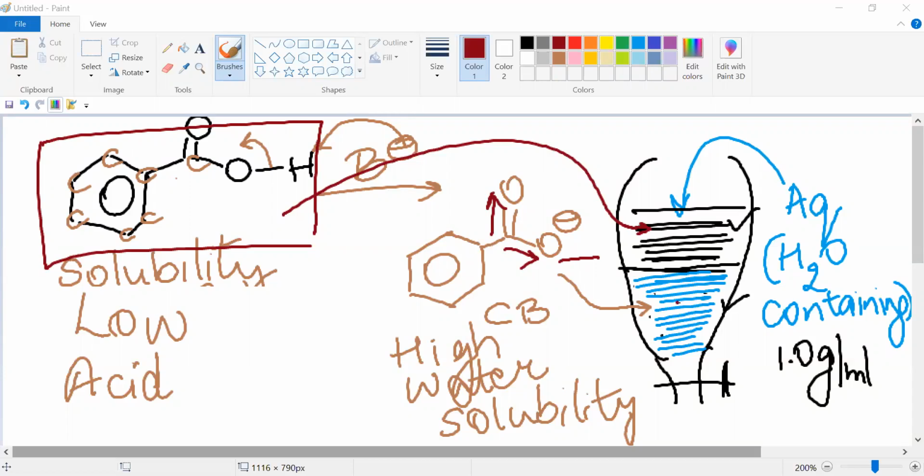The next part of the separation that you need to understand is that when pKa values are smaller in number, we say that the acid is stronger, whereas a large pKa value indicates a weak acid.